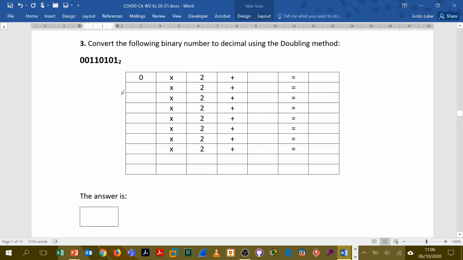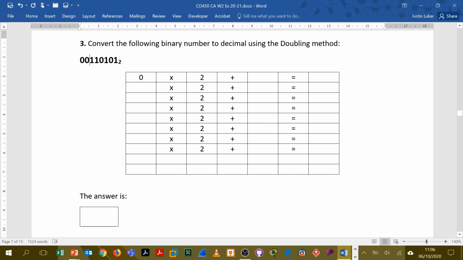I've got another example here. In this case, we've got quite a lot of zeros first. We could just put them all in, but it would be 0 times 2 plus 0, which would give us 0 and then coming down. So actually, there's no real point in doing that for the 2 zeros here.